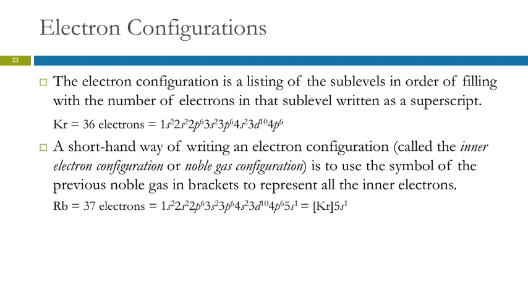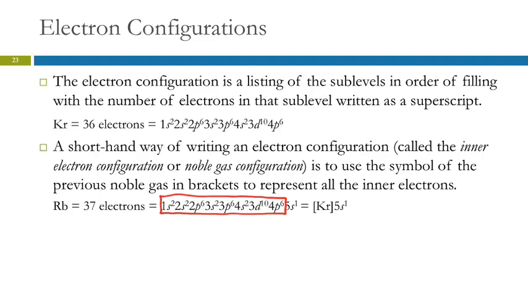It's called an inner electron configuration, or I call it the noble gas configuration, in which we abbreviate much of this just using the symbol of a noble gas. Looking at the element that comes after krypton, which is rubidium, 37 electrons, this part in the box is the same as krypton.